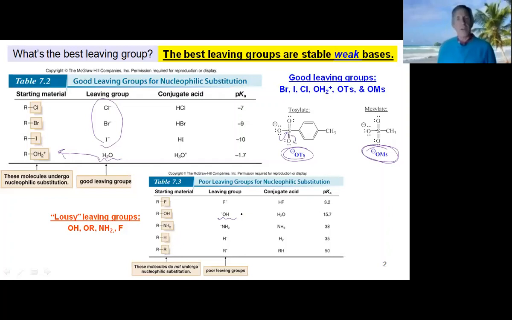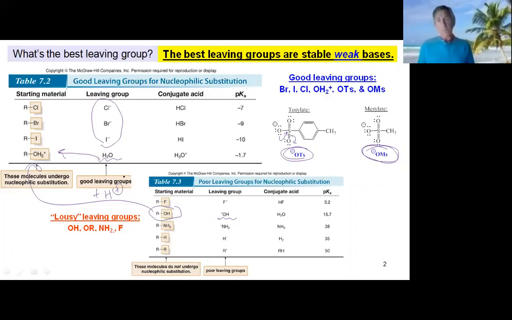Don't want to go there. So this is why when we have an alcohol like ROH, we actually make it into a better leaving group by adding H+ to it. And that's how we get it to fall off as water. All right, so now that's basically it for leaving groups.